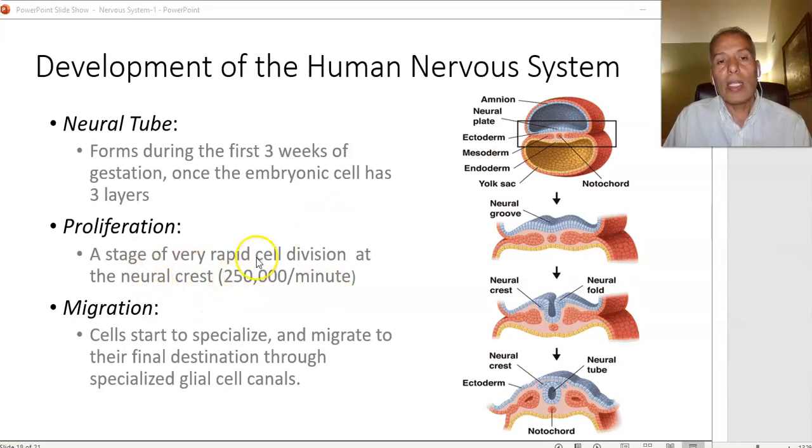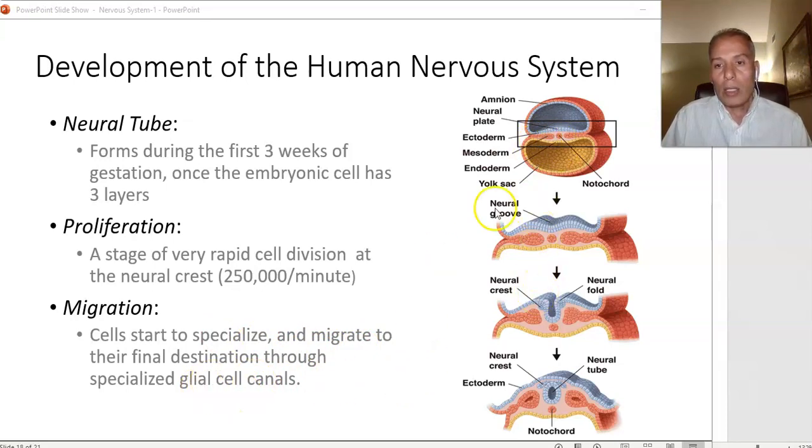So these migrate until they populate the different parts of the nervous system. And I explained how the cell migration, in many cases, especially to the distant sites, is guided by the radial glial cells.